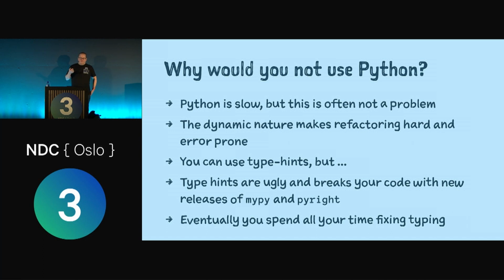But Python is a dynamic language, and so you don't have strict typing as you have in C# or F#. You don't have this static type checker. And this makes refactoring really hard.